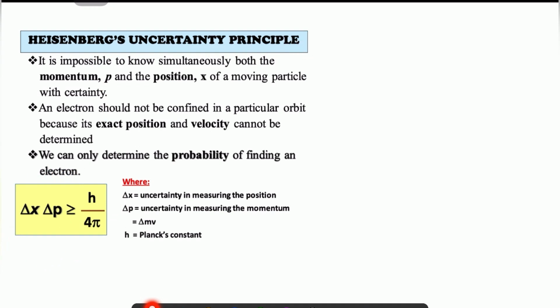You don't have to use this formula for calculations. You only have to explain what the Heisenberg Uncertainty Principle is, including this formula, and you have to state what delta x, delta P, h, and 4 pi are.